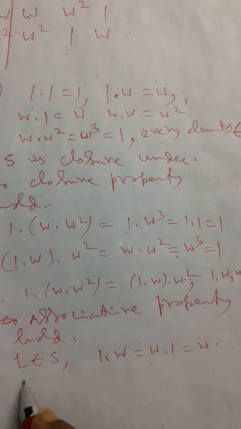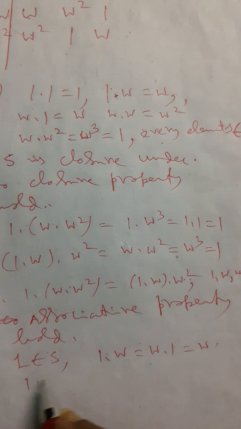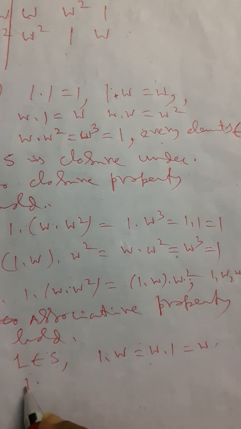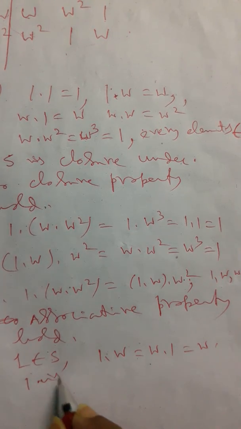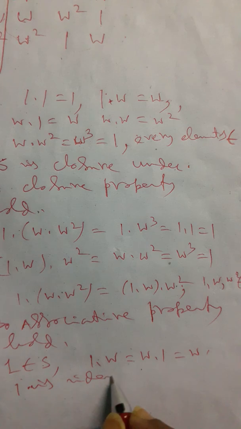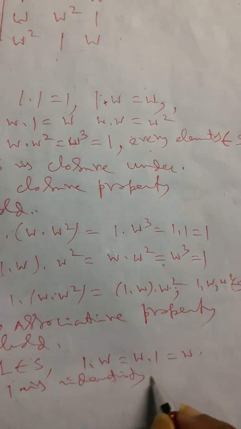So 1 is the identity element. Similarly, if we take any pair with respect to multiplication, like omega square and 1, whatever may be, we get the same element. So 1 is called the identity element in S.